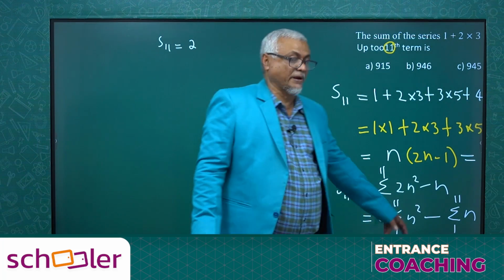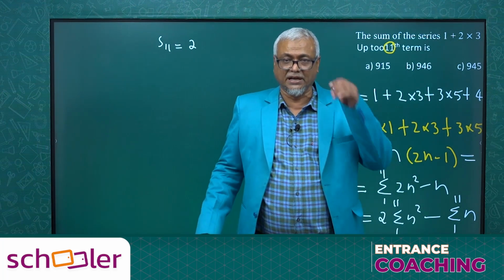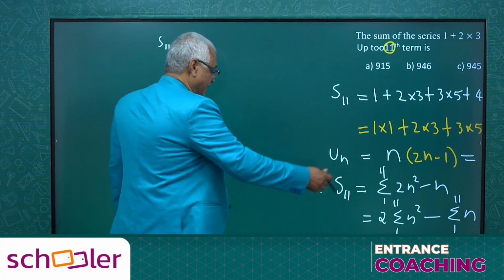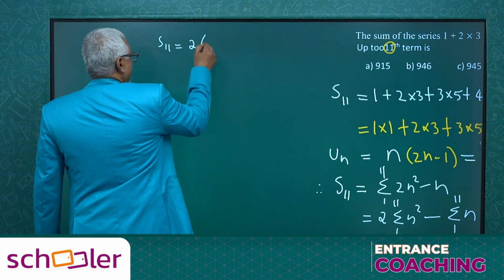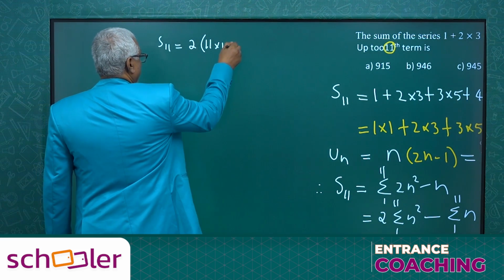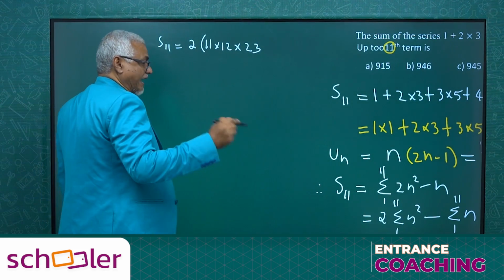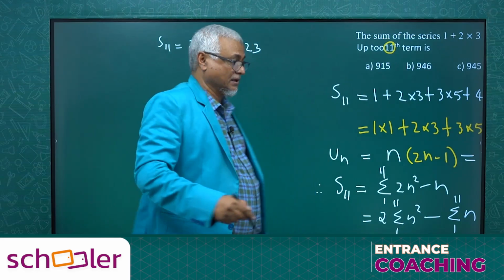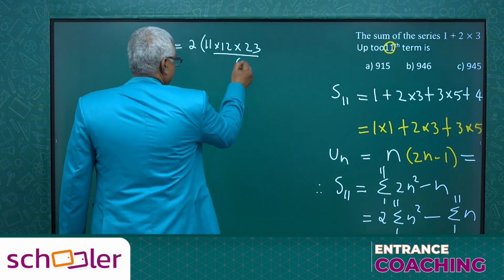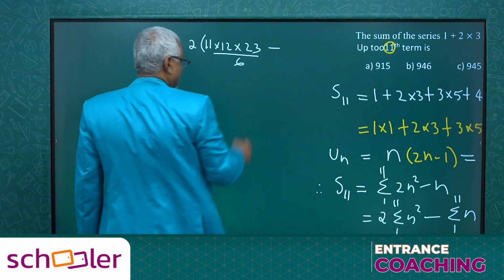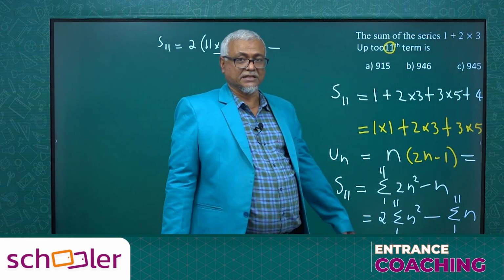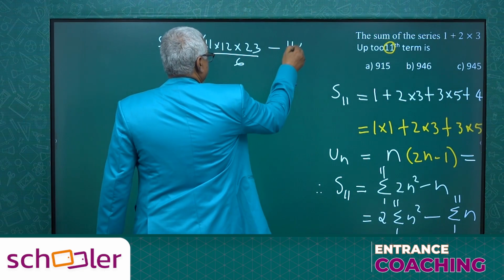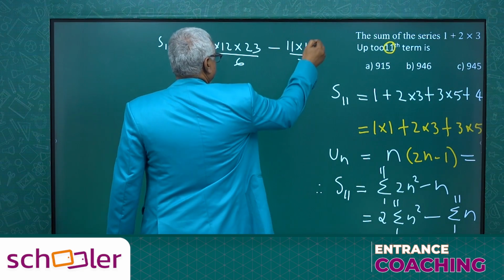This is sigma n square, the sum of the squares of first n natural numbers, n into n plus 1 into 2n plus 1 by 6, but here n is 11, so we get 2 into 11 into 12 into 23, by 6. 2n plus 1: 2 into 11 is 22, plus 1 is 23. Minus the sum of the first n natural numbers, n into n plus 1 by 2, but we have only 11 terms, 11 into 12 by 2.